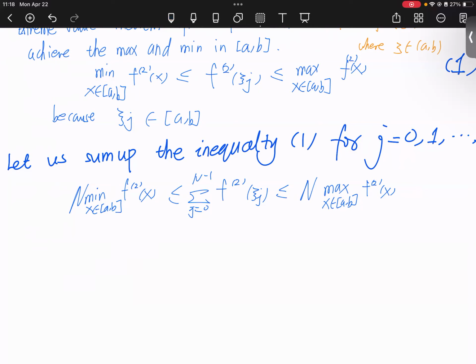By the intermediate value theorem, there is a point between a and b that equals that intermediate value k.